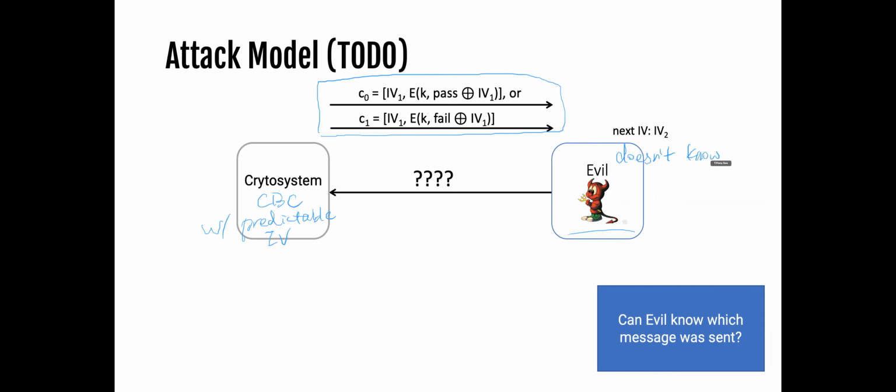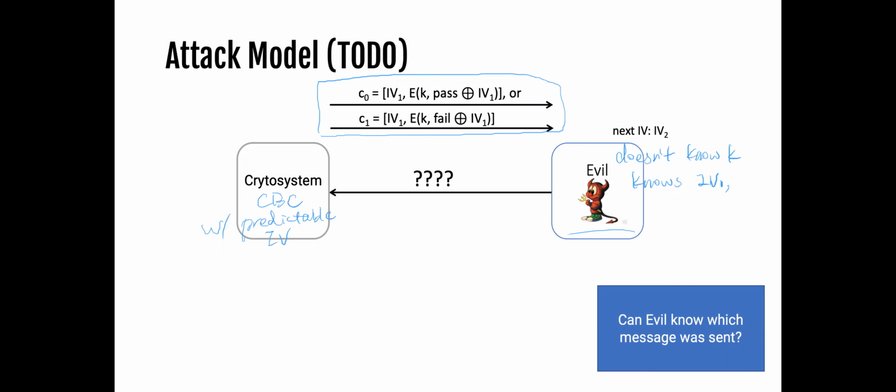So I'm going to write here, Evil doesn't know K, but Evil knows about the message that he received. It could be either C0 or C1. So Evil knows IV first, and he got a ciphertext.